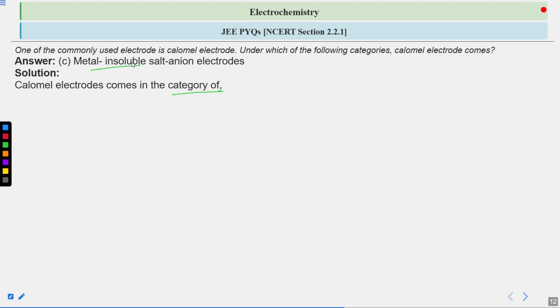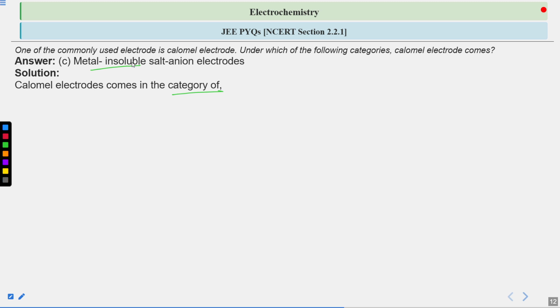So Calomel is basically mercurous chloride, Hg2Cl2, and this electrode or cell also has a solution of KCl, potassium chloride. This is the overall structure of the electrode.